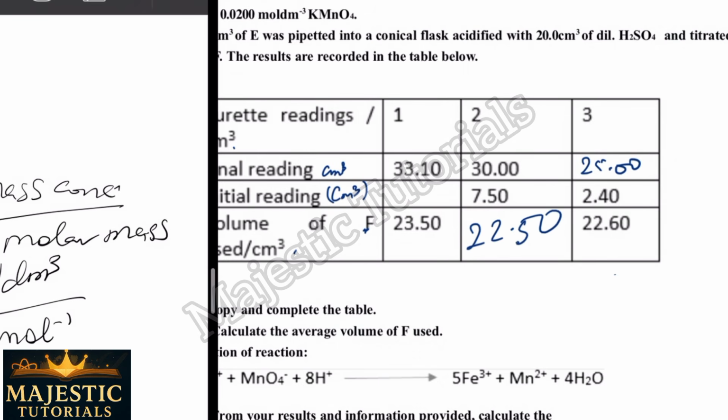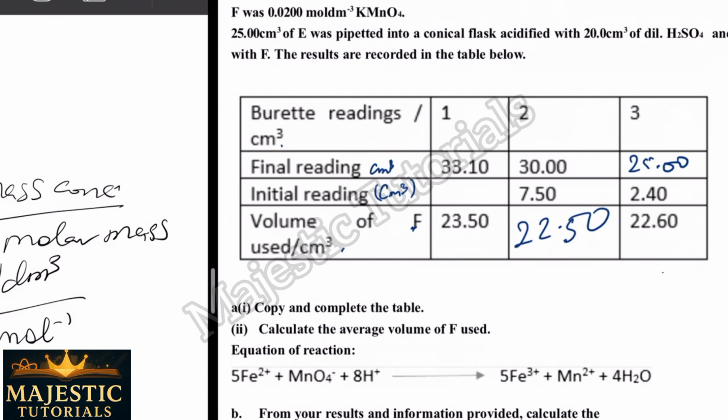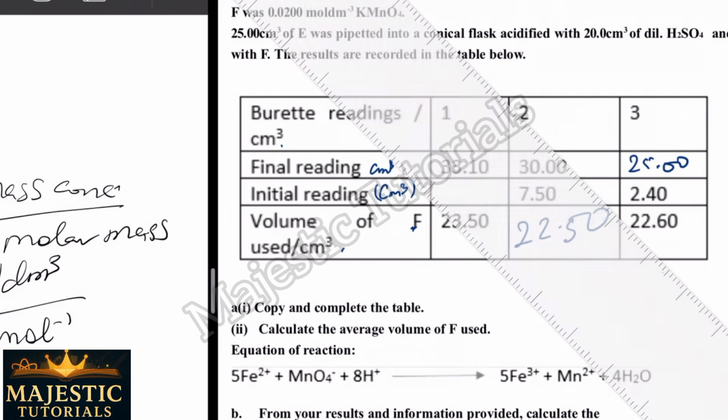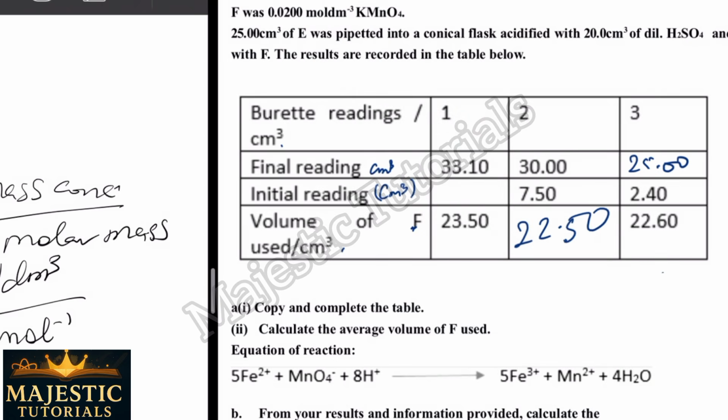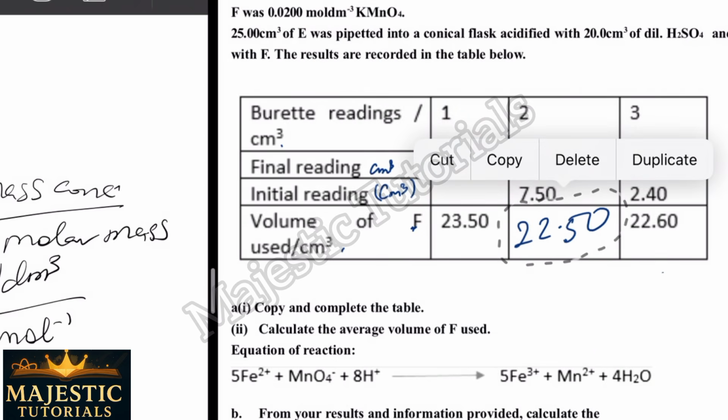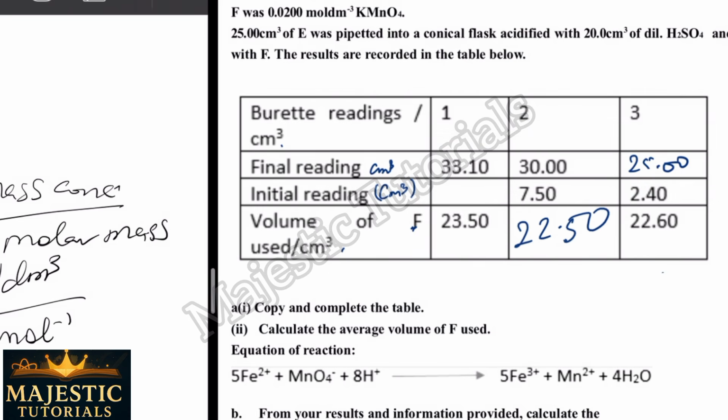So for average volume of F used, you have to check these figures and know the ones that are concordant. This is 22.50. This is 22.60. So these two are concordant.